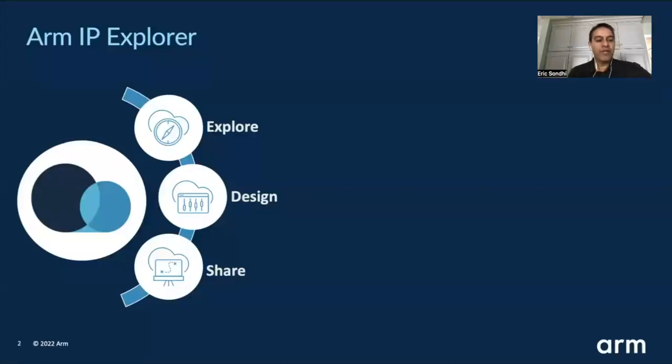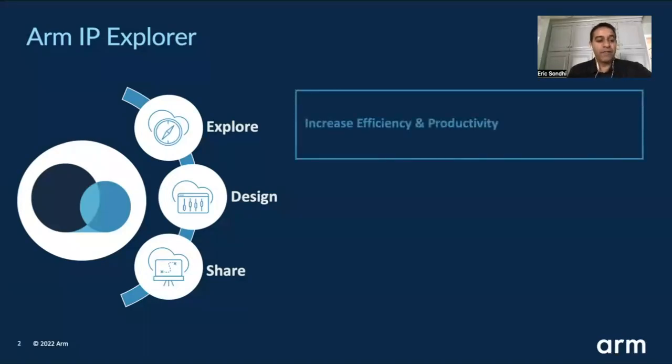ARM IP Explorer is a new cloud-based SoC development solution from ARM, created to accelerate IP selection and SoC design, helping SoC architects explore, design, and share. With ARM IP Explorer, you can increase efficiency and productivity, getting started quickly with easy access to all the information you need, all in one place.